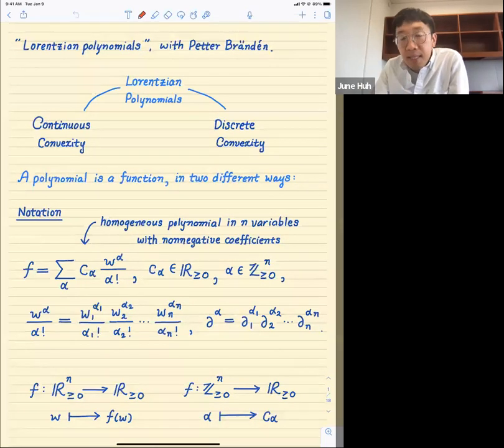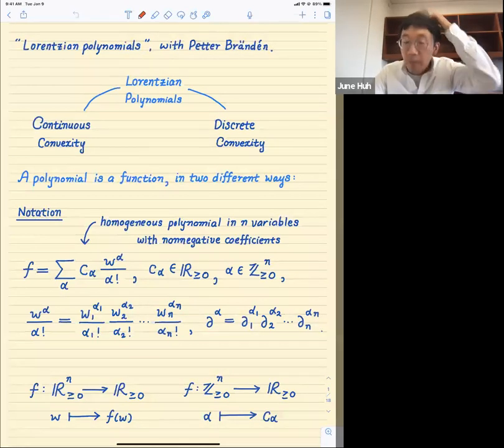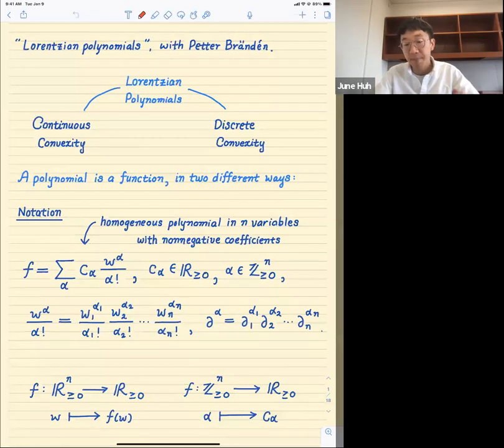The other convexity, which I will briefly introduce later in the talk, is the notion of discrete convexity, a rather well developed subject in optimization theory circles, but not as well known as the other classical notion of convexity. These two notions of convexity are related to two different ways that you can view a polynomial as a function. So let me introduce some notation that I'm going to use throughout this talk.